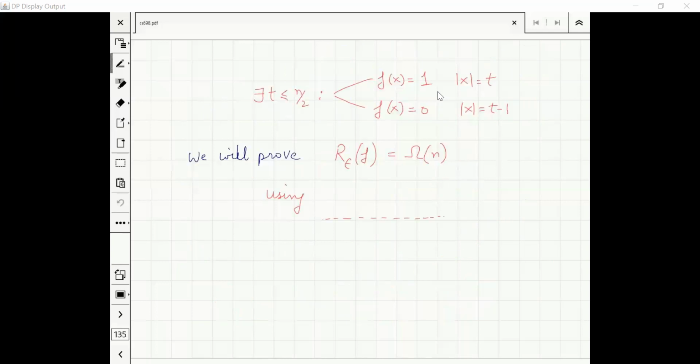Now I have a t where the function value switches: for |x| equal to t minus 1 it is 0, at t it is 1. And we want to prove that the randomized complexity is omega n. How will we prove it?